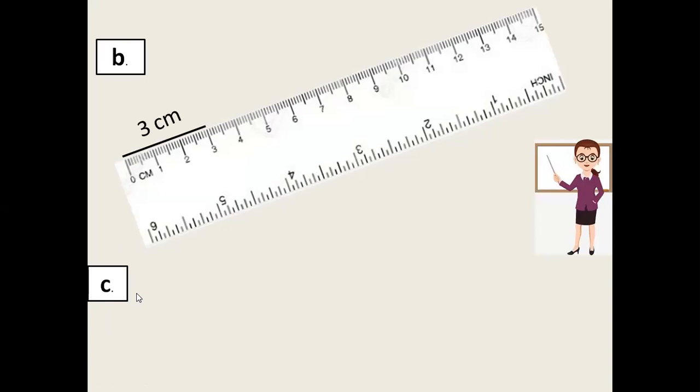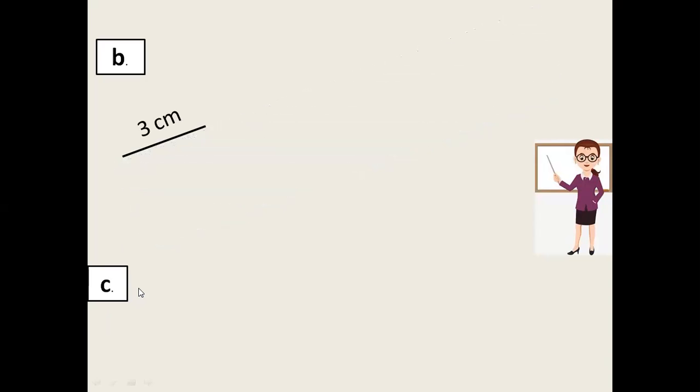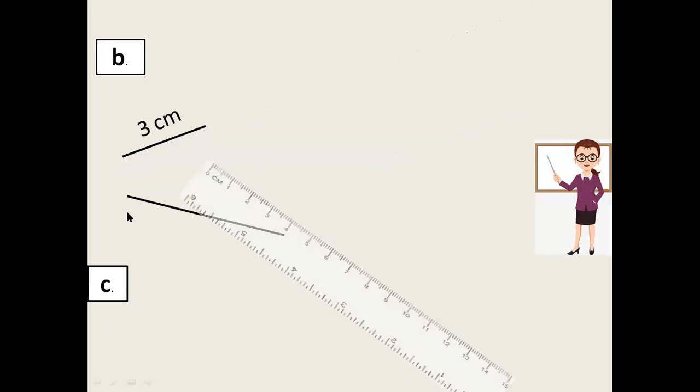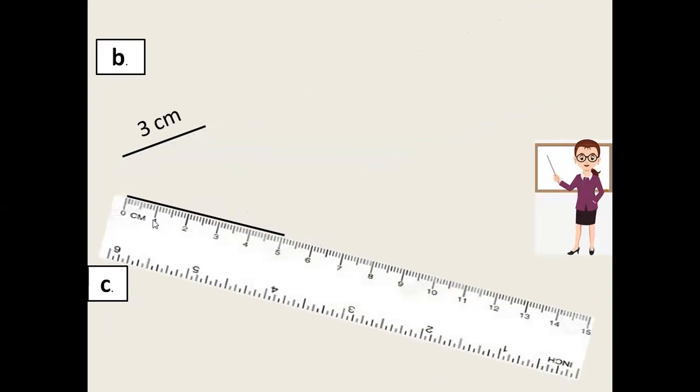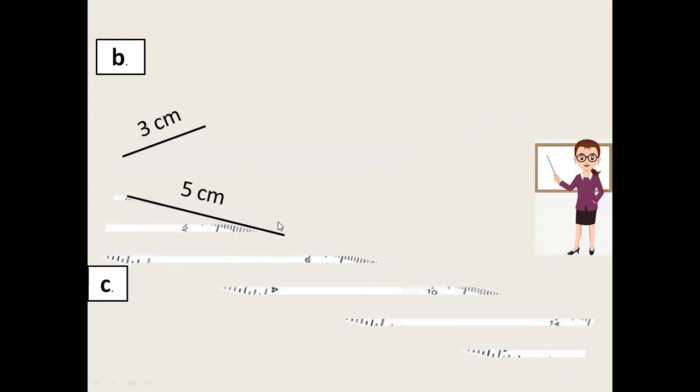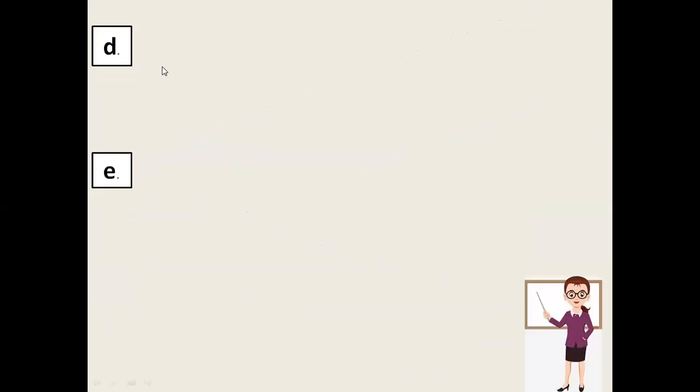And one more, this line, you have to find out the length of this line. So similarly, you just put your scale or ruler like this and the length of this line is 5 centimeters. Okay, and some more examples.